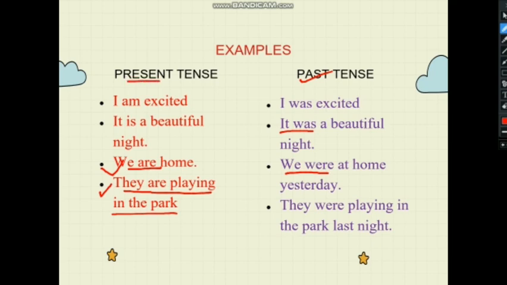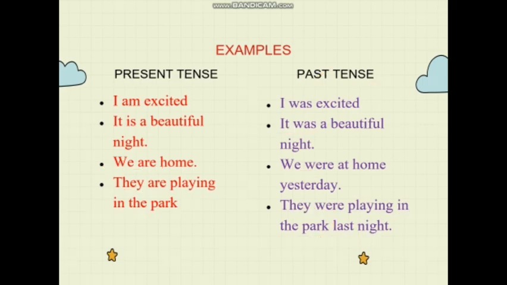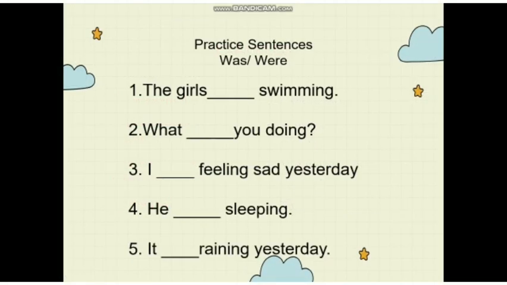This is present tense. अब इसी को हमको जब past में बताना होगा, then we will write they were playing in the park yesterday, last night. और if you just write they were playing in the park, it means कि वो park में खेल रहे थे. So now this sorts out the past tense and present tense and the use of was and were.